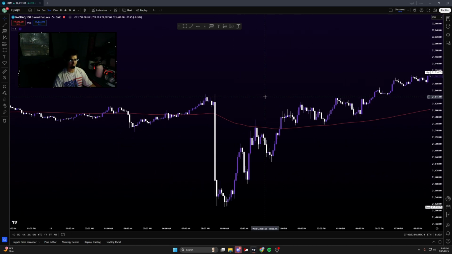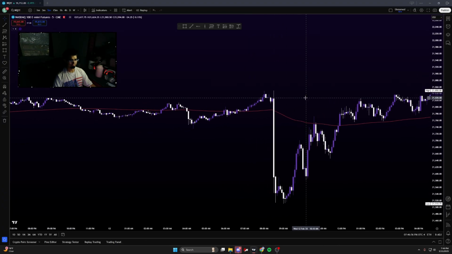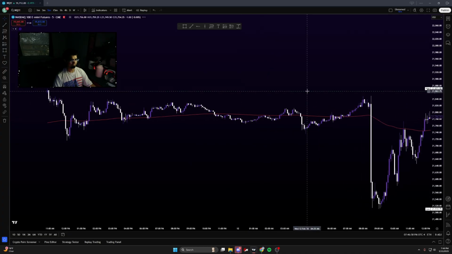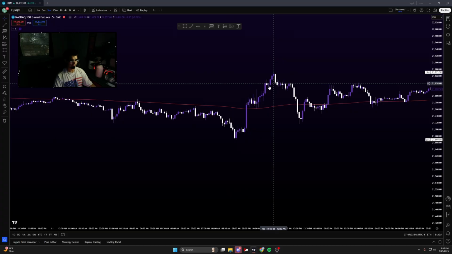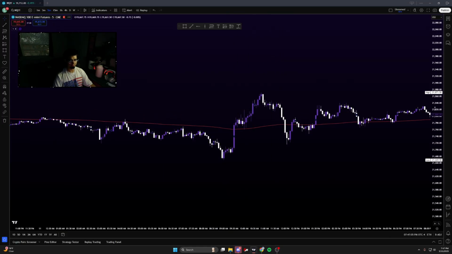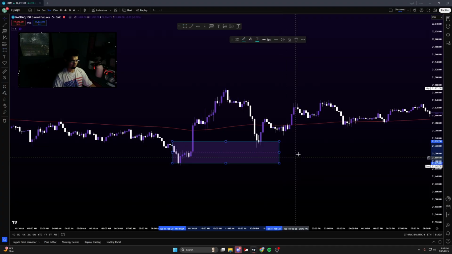Bang, right here we have another order block form. So we have this movement down, which makes our bullish order block, right? And it gets respected.